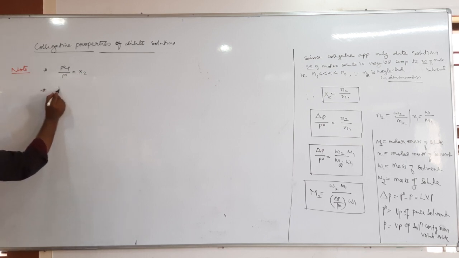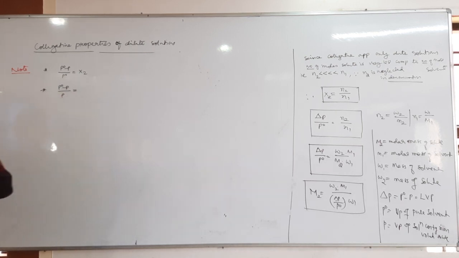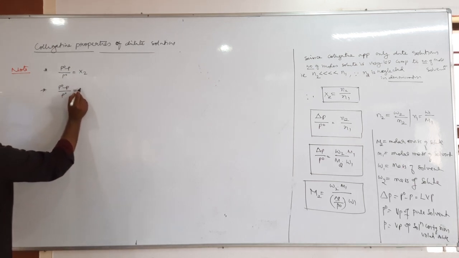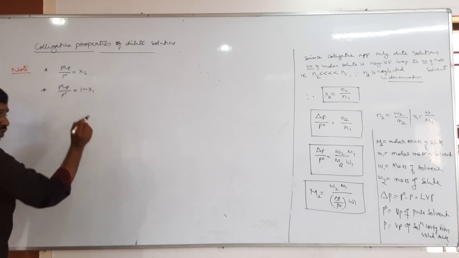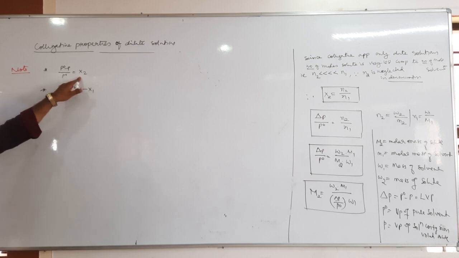Next, take down, we can write x2 equal to 1 minus x1. Sometimes they will give the x1 value, and they may expect any of P1 or P naught or P value. Next, sometimes in a problem, P naught minus P by P naught equals x2. They may give the x2 value. By giving the x2 value, they may expect the P value, without giving the P naught value.